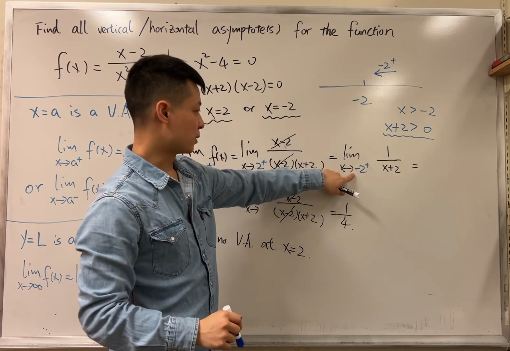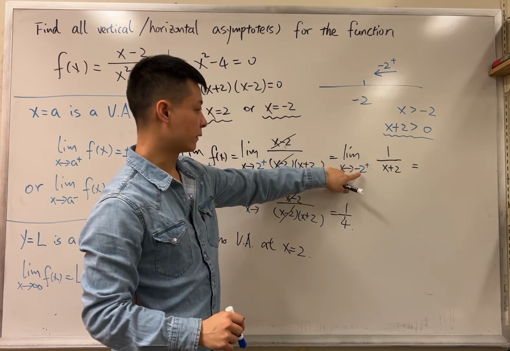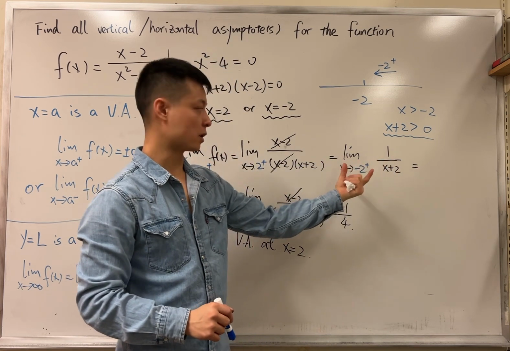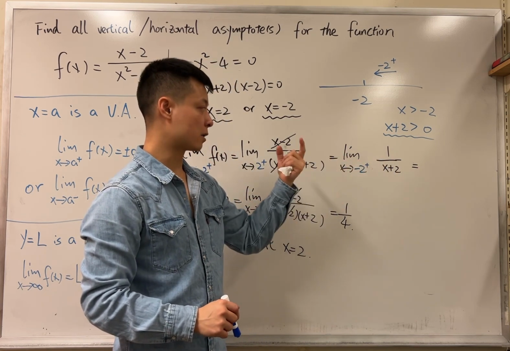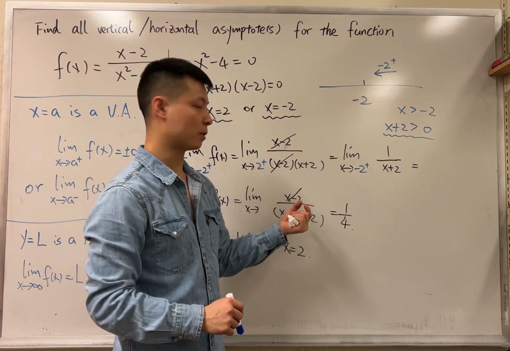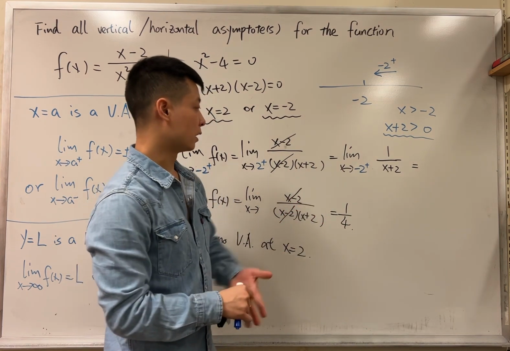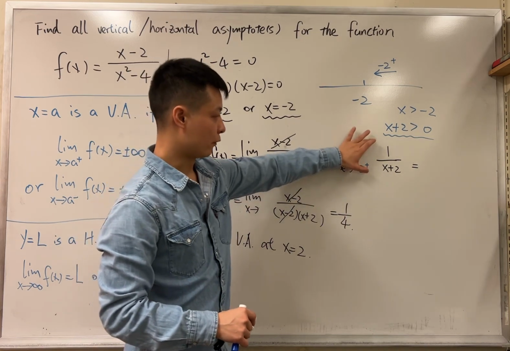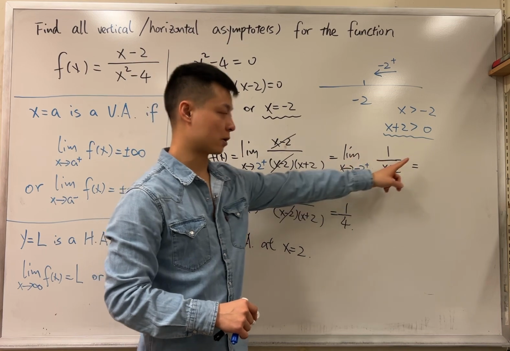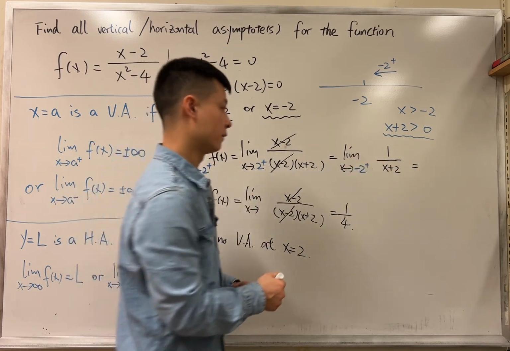Well, this number is getting very close to negative 2, so this denominator is very, very close to 0, which is like a very small positive number, like 0.01, 0.001. So when the denominator is very small, the fraction turns out to be very large, and that is positive, so that tells us it approaches positive infinity.